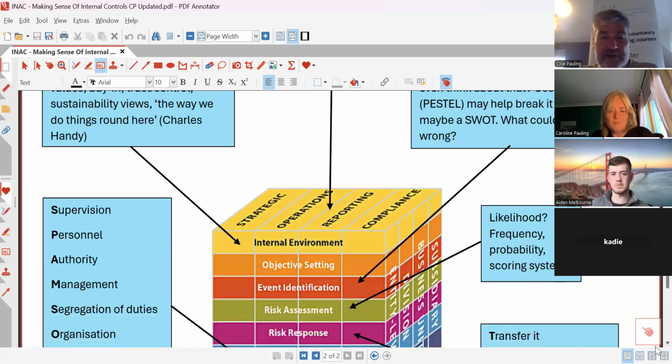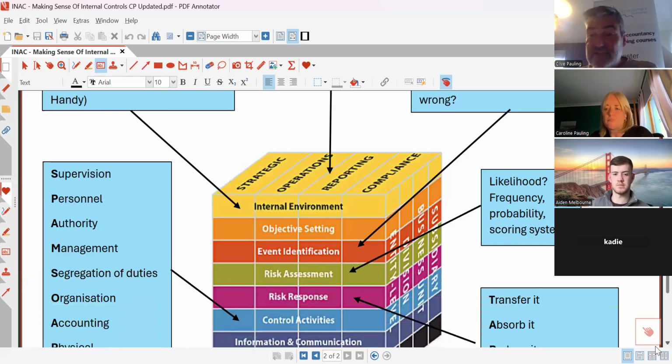So the next step down, if you like, is setting your objectives. I've talked about thinking about your objectives in the categories on the top: the strategic objectives, the operational day-to-day stuff, the reporting objectives, the compliance objectives. And as I said, this cube can be used at any level of the organization.